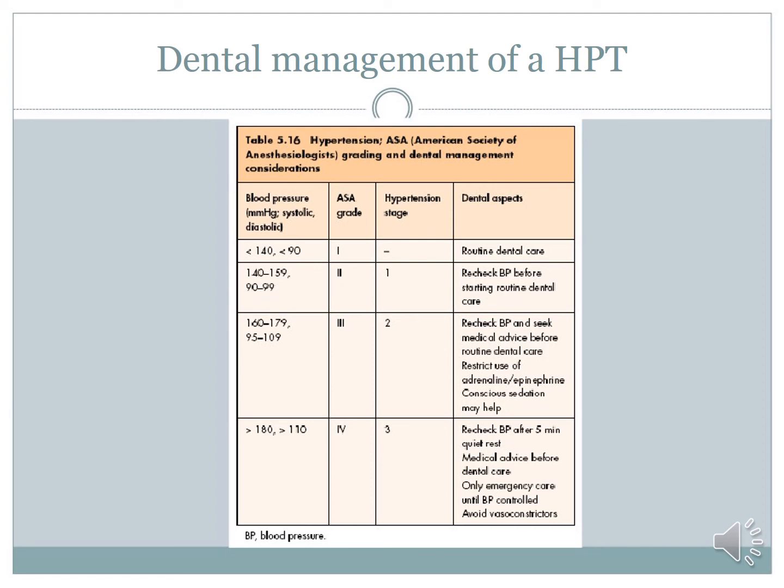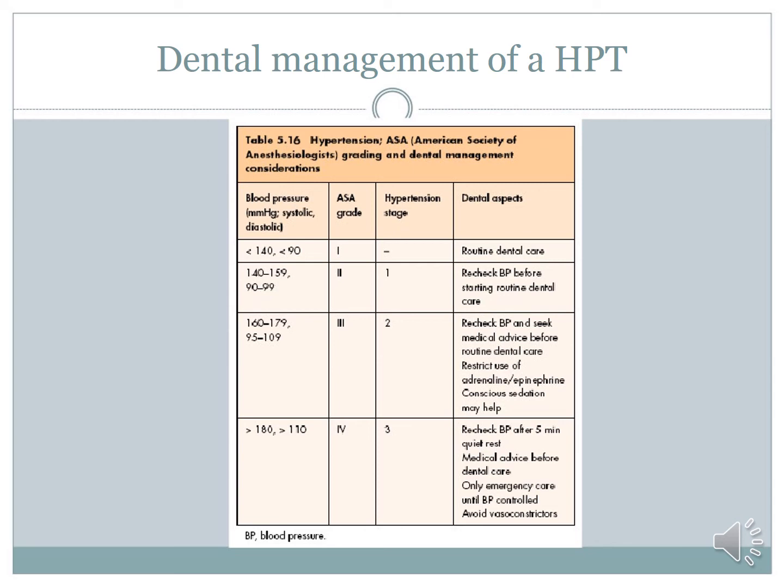The American Society of Anesthesiologists has given a few guidelines for the values of blood pressure in hypertension. If the values are less than 140 systolic and less than 90 diastolic, it is graded as ASA 1 and routine dental procedures can be carried out.